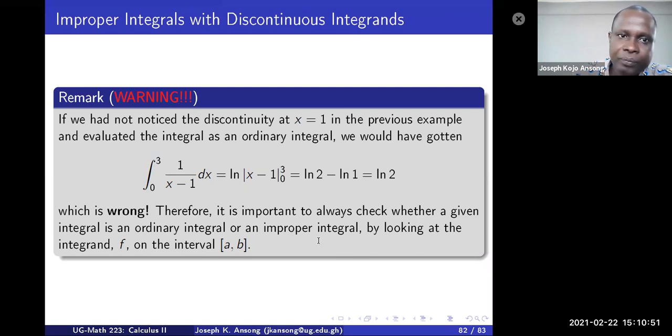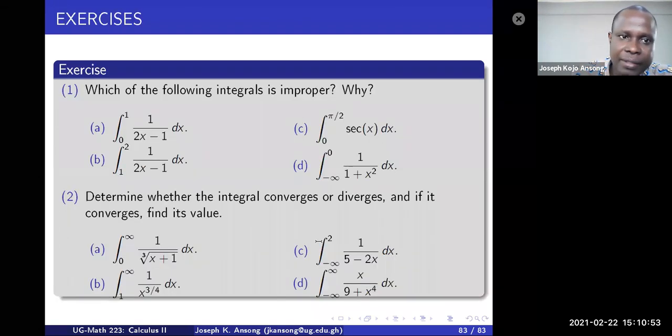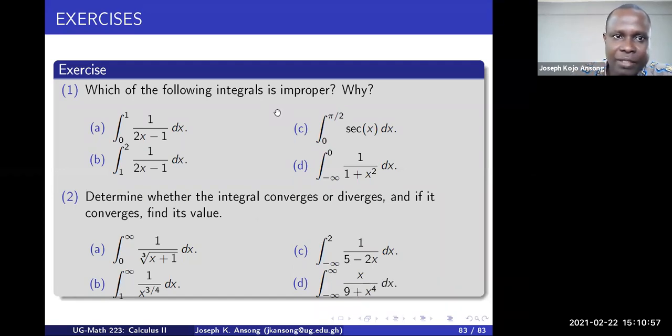That brings us to the end of improper integrals. These are some exercises you can try your hands on. This one says which of the following integrals is improper and why. In fact, you should always ask this question before you evaluate any definite integral.